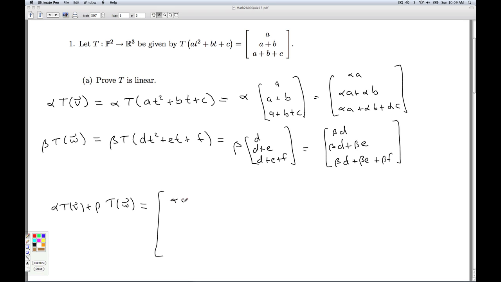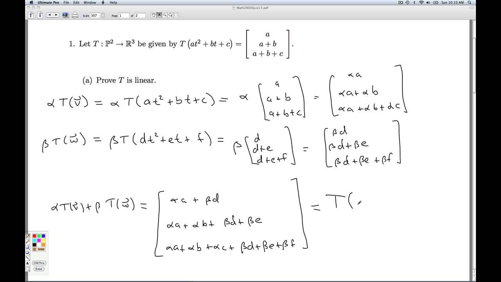So alpha A plus beta D, alpha A plus alpha B plus beta D plus beta E, and then all three of them here: alpha A plus alpha B plus alpha C plus beta D plus beta E plus beta F. And you can check that if you rearrange terms, that's exactly what you get out of T of alpha V plus beta W. So this says that T is linear. And that'll do it for part A.